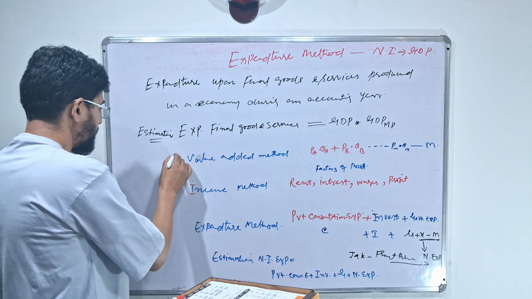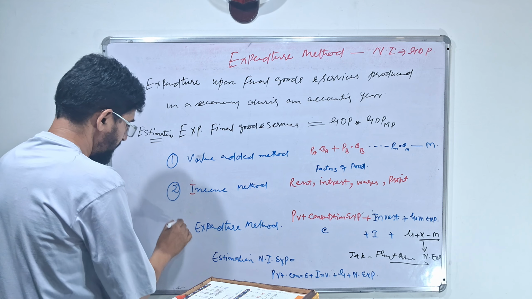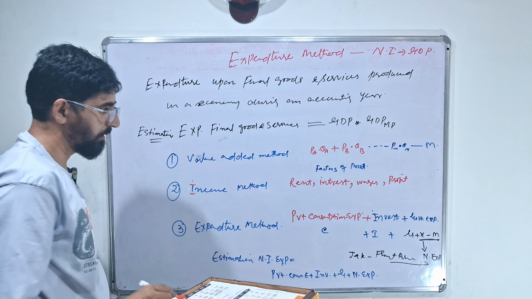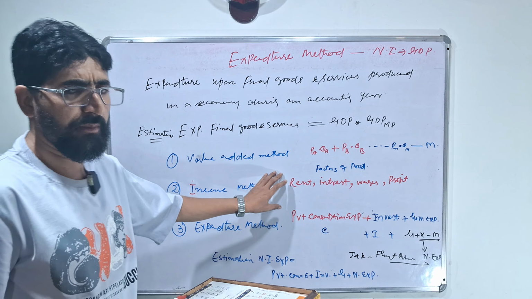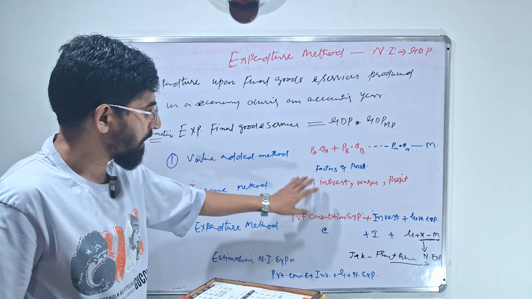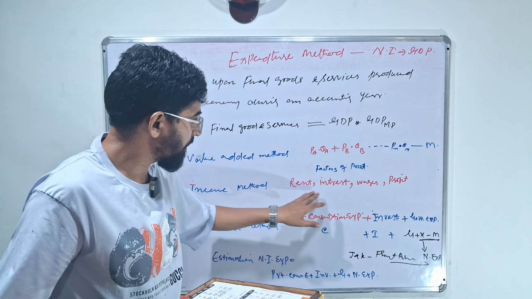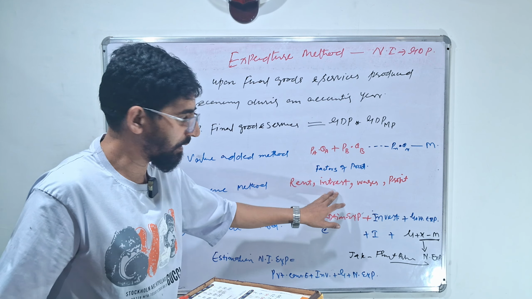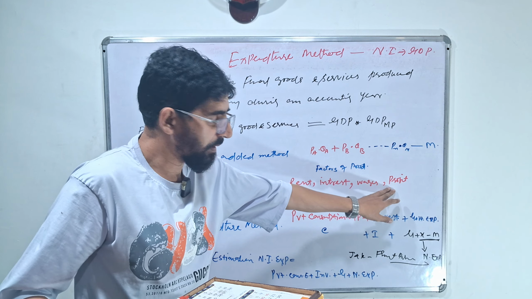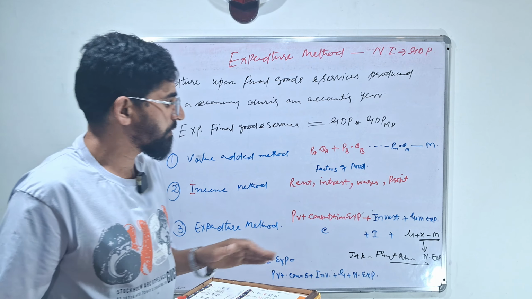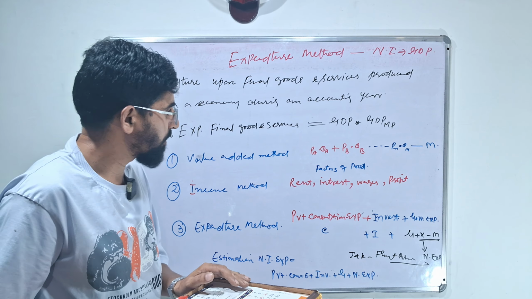This is the first method. This is the second method. This is the third. You have to remember it two to three times. When you understand this, rent we generate from land, interest from capital, wages from labor, profit from entrepreneur, you understand what we earn from these factors.